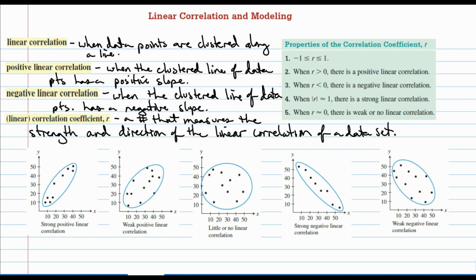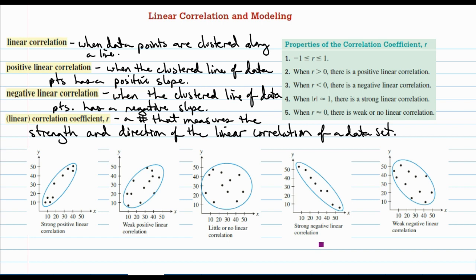Now somewhere in the middle there, you aren't getting a very strong linear correlation the closer you get to 0. So you can see here's a strong positive linear correlation. Here's a weaker one. Now this is basically no linear correlation. These data points do not look like they have a relationship at all. They look kind of random. This is a strong negative linear correlation, and this is a weaker negative linear correlation.